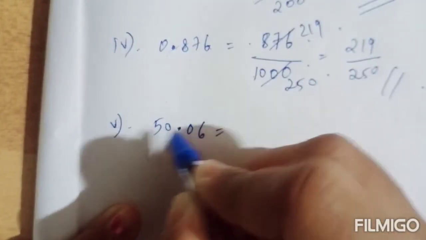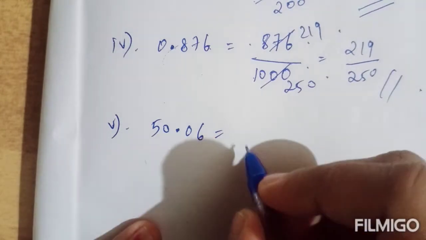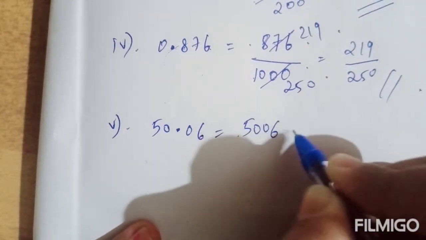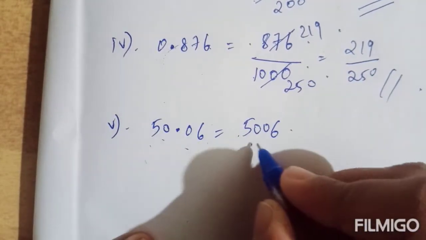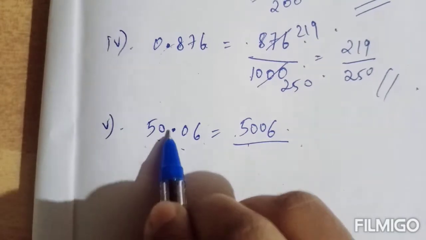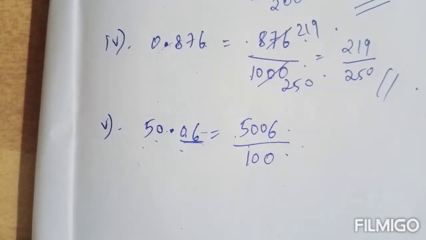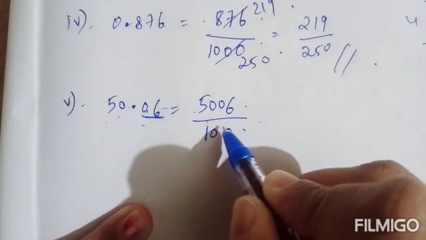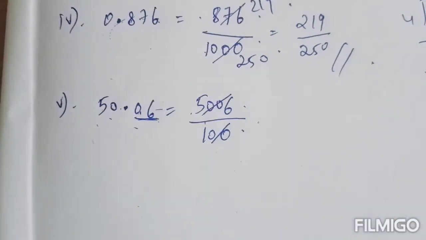Next, fifth one, 50.06. How can you convert to fraction? Numerator will be 5006. Without decimal point, you can write this. It is 5006 by, now what will be the denominator here? After decimal point, 2 digits are coming. So denominator will be 100. Now you can reduce this. 5006 and 100 will go in 2.